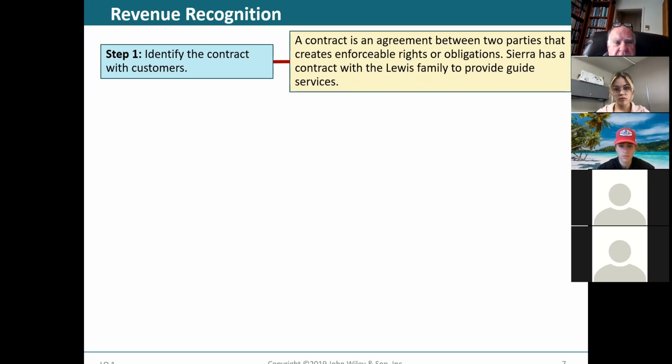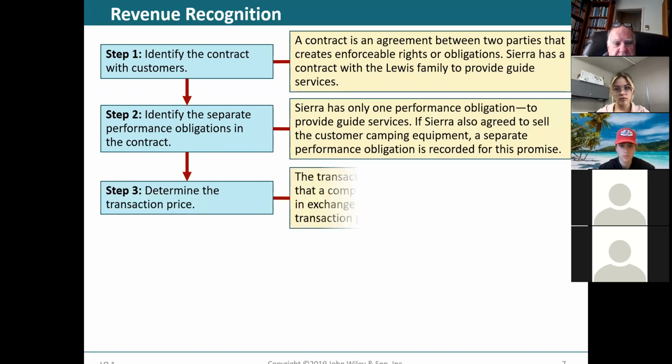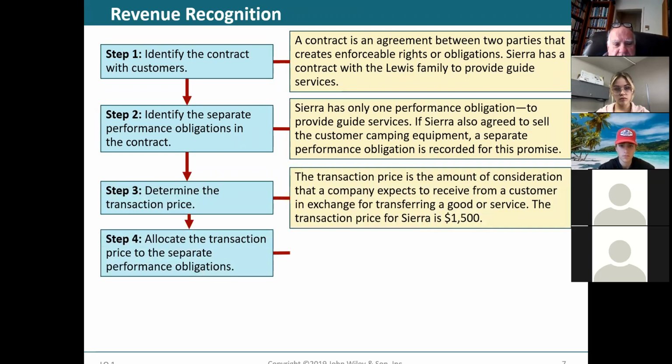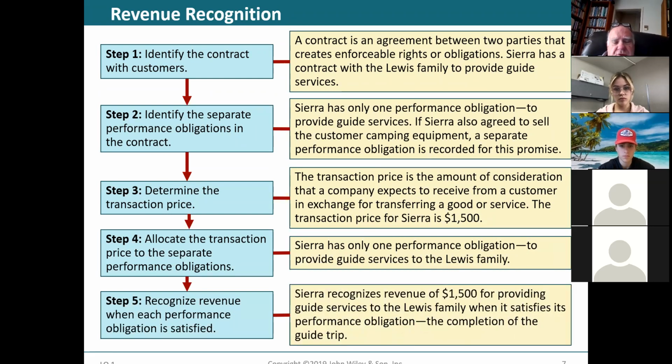Revenue recognition: identify the contract with the customers, the legal agreement between two parties. Wow, look at all this. Just in summary, you have a contract with your customers.